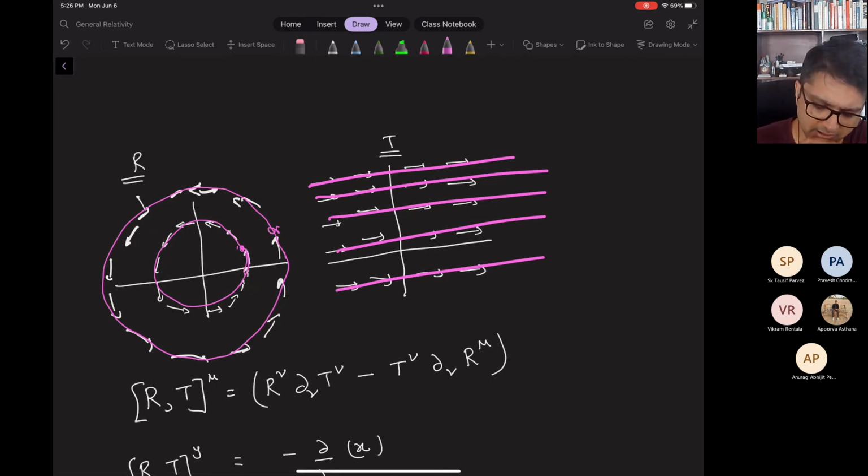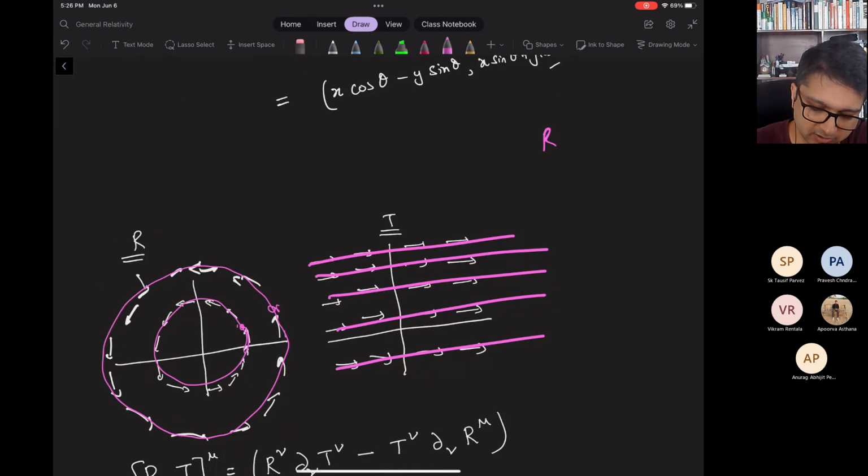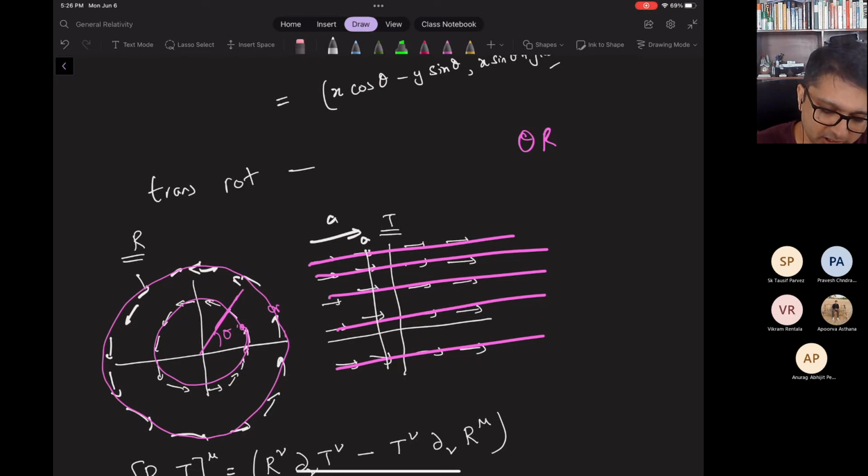Now these two flows are actually incompatible with each other. That means that if I first rotate by some parameter theta, that is, I rotate by an angle theta, or I translate by an amount a, that is, I move forward in the x direction by an amount a, and let's imagine that I first perform the operation of rotating and then I translate, first rotation followed by translation, this operation is not going to be the same as first translating to the right and then rotating.